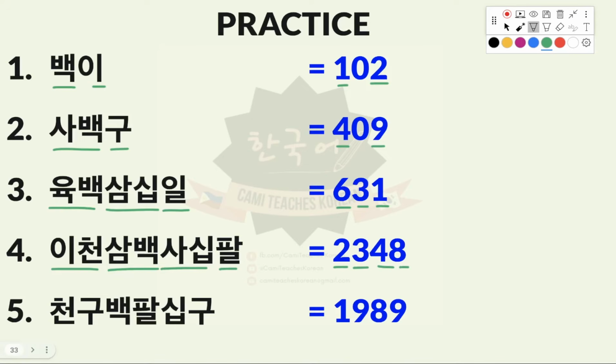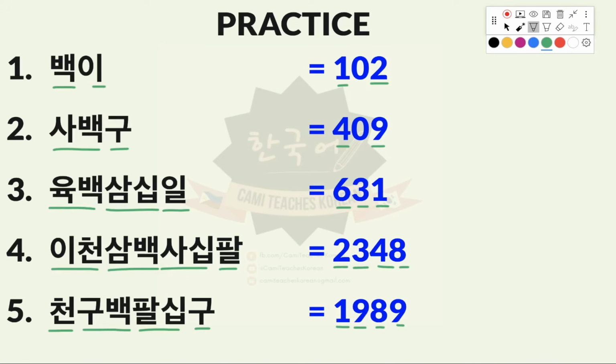So, 2,348 ang number 4. And our last example po, 1989. One more time, 1989. So, we have 1000 over here na 1,000. 900 for 900. 80, 80. 9. So, 1989.